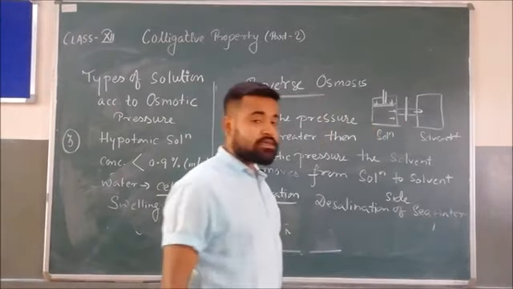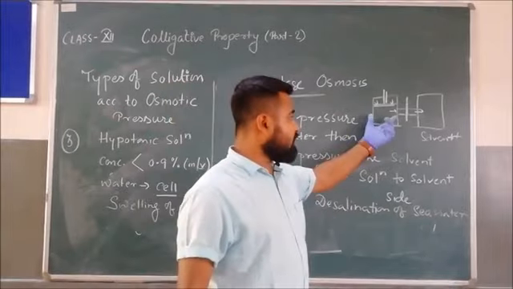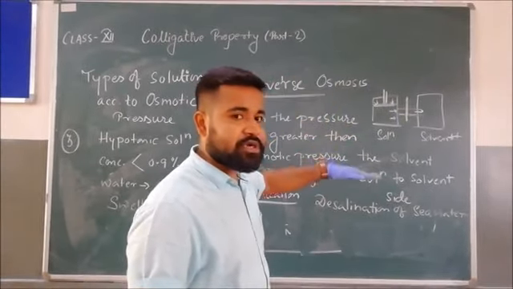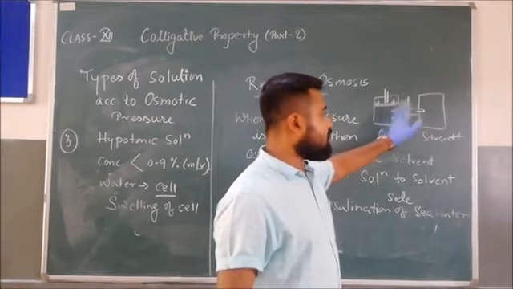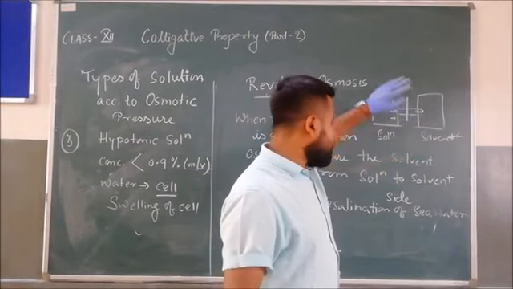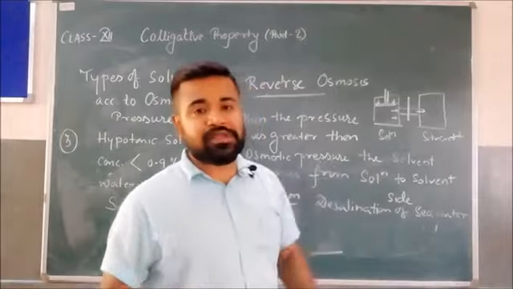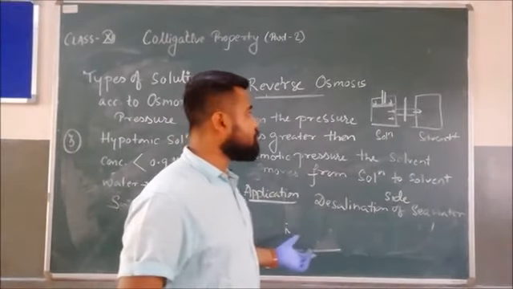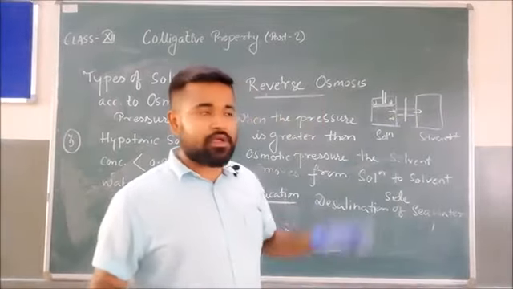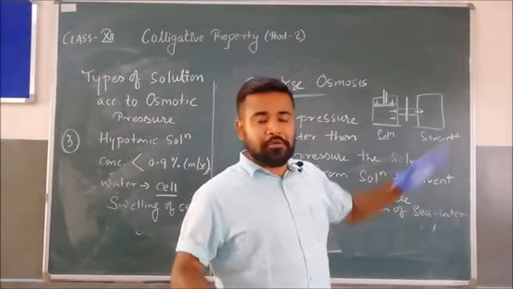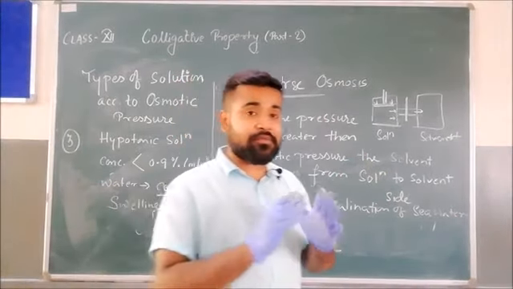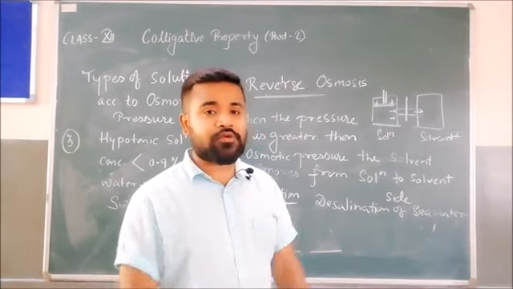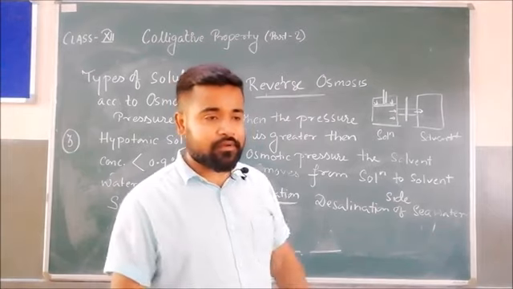Desalination of seawater means if we take salt water on the solution side and apply greater pressure than the osmotic pressure, then the water moves towards the solvent side and the solute will precipitate. So reverse osmosis leads to precipitation of the solute, that is, the separation of solute and solvent. Clear? Okay.